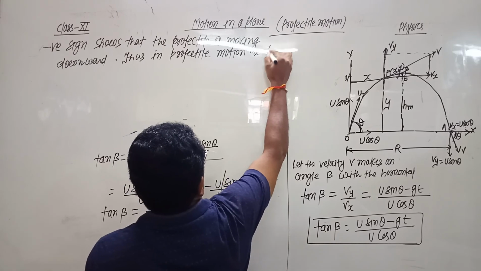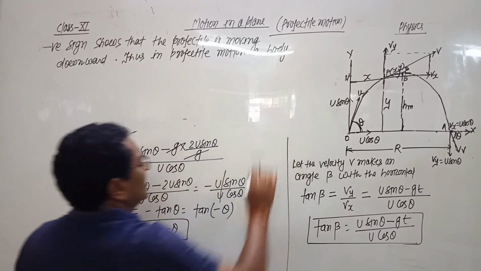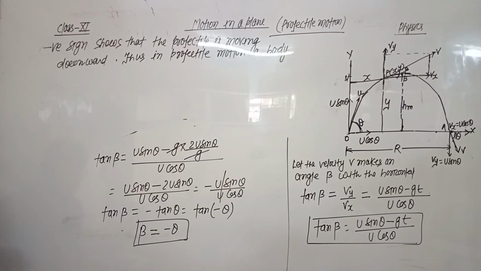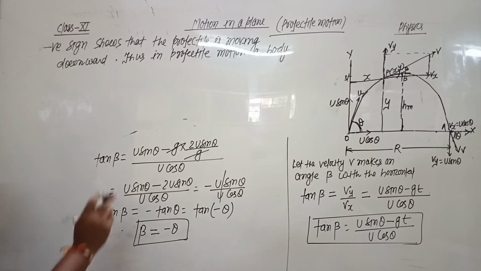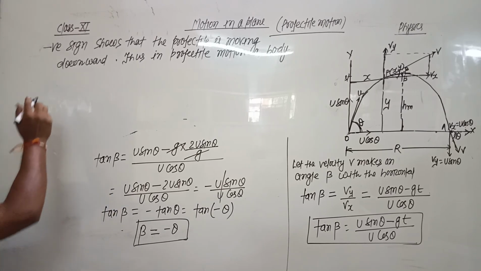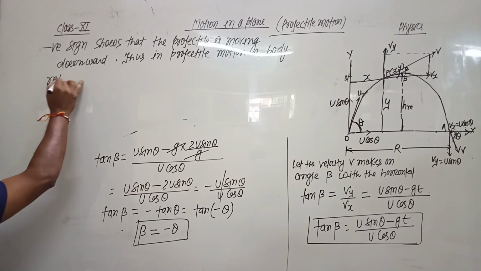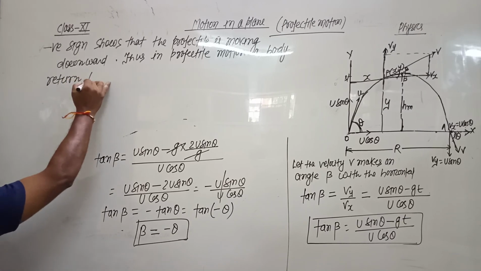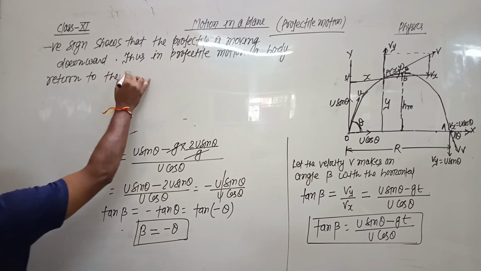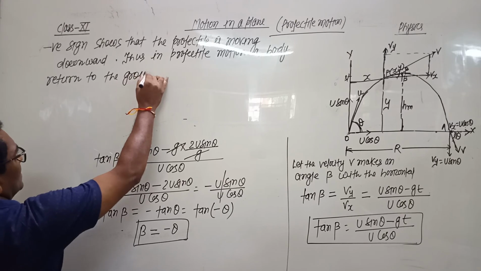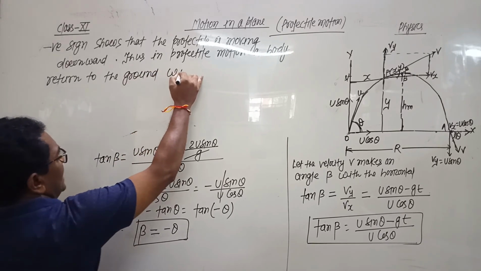a body returns to the ground at the same angle. In projectile motion, a body returns to the ground with the same angle.